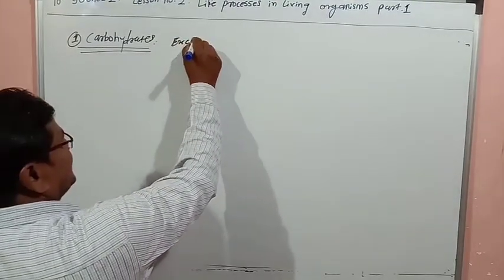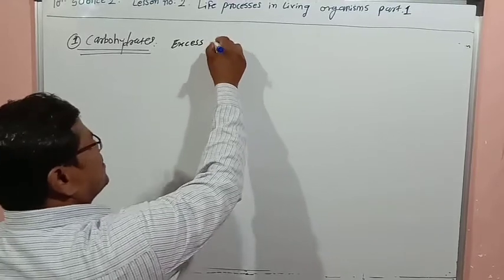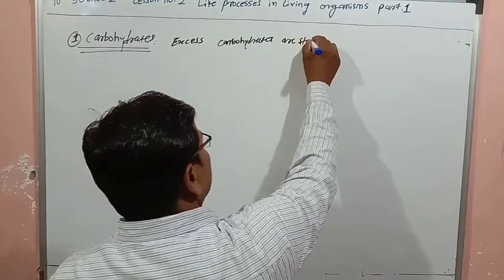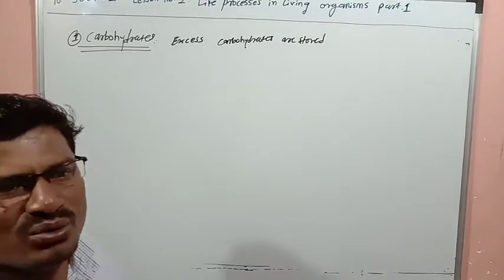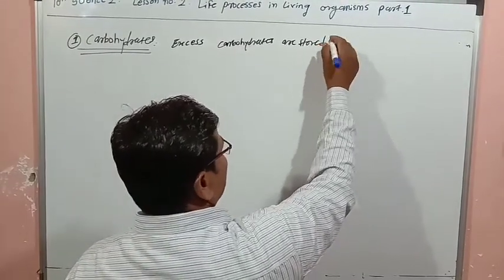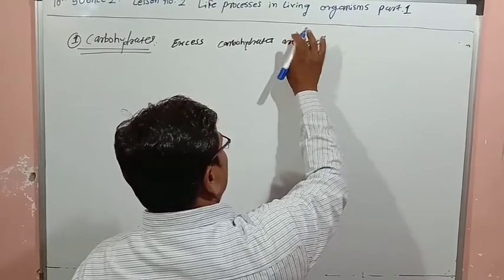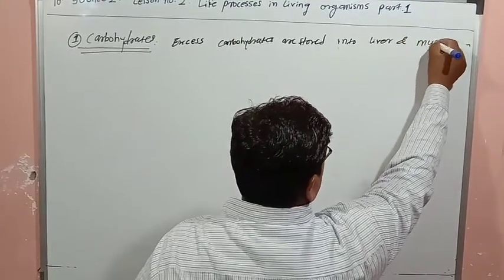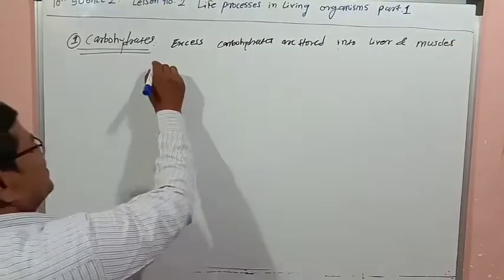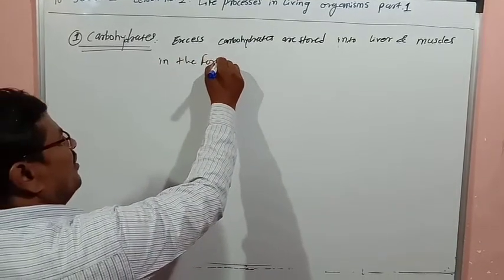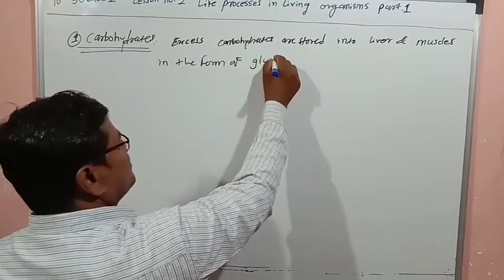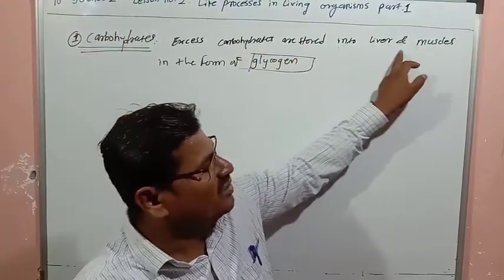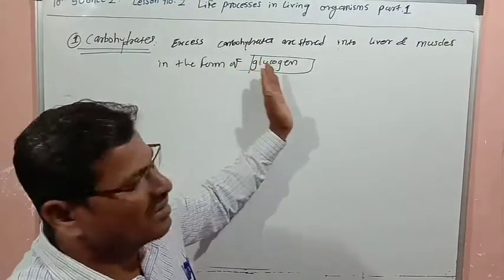Excess carbohydrates, or glucose, are stored in the liver and muscles in the form of glycogen.